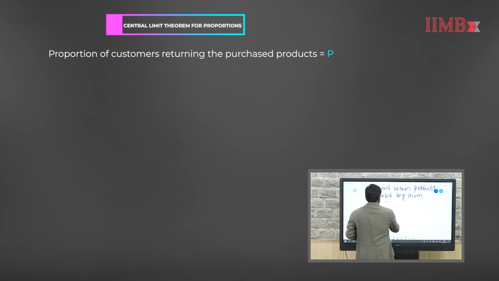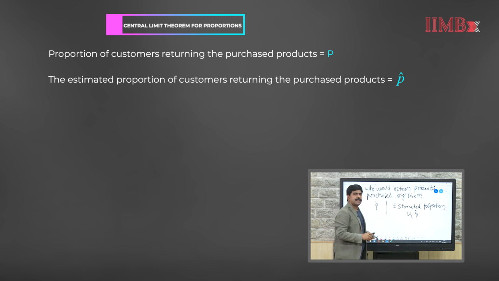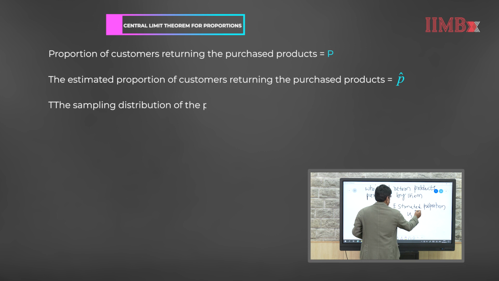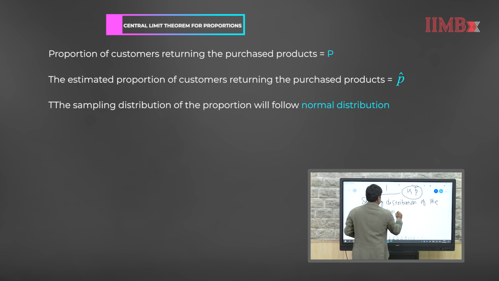So, I am going to assume that the estimated proportion is P hat. In that case, the estimated proportion will follow a normal distribution. So, basically, the sampling distribution of the proportion will follow a normal distribution.